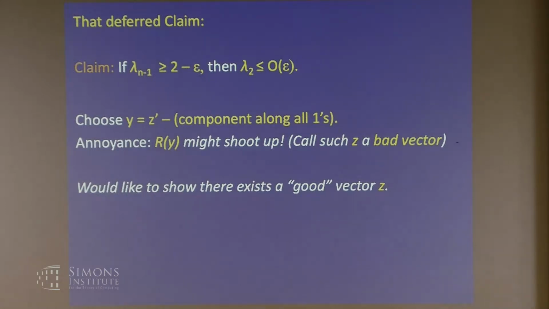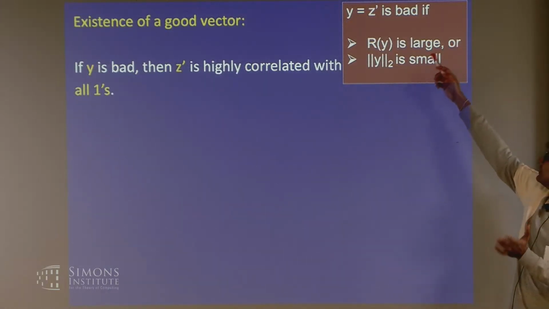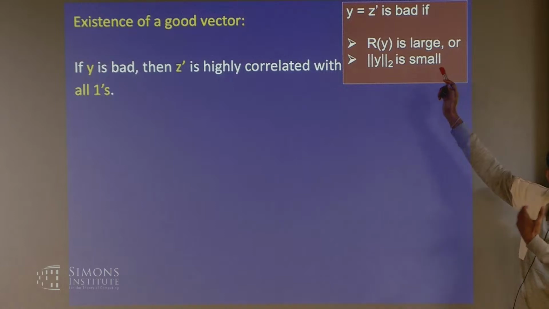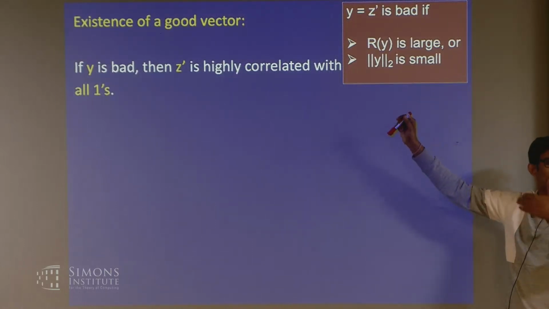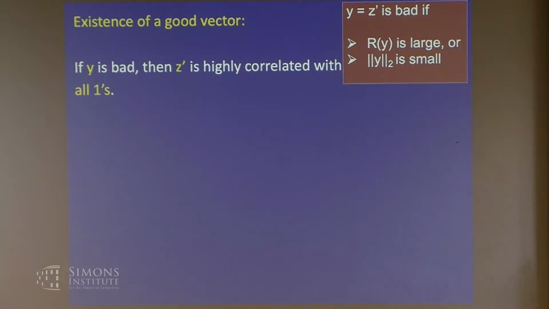The vector y that I end up with is bad if the Rayleigh quotient of y is large, or equivalently, the 2 norm of y becomes super small. When can the 2 norm of y become super small? It becomes super small when z prime is highly correlated with the all ones vector. You subtract the component along all ones, and boom, the length of y becomes super small, and your Rayleigh quotient shoots up.